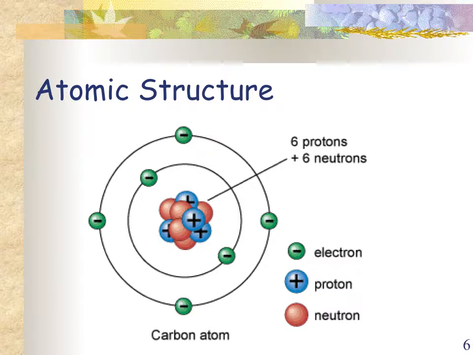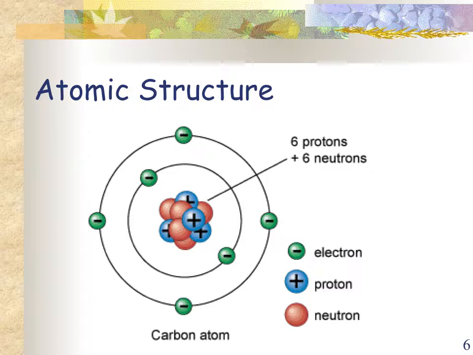So in any atom, the protons are at the center of the atom. Protons are positively charged. There are also often neutrons, not always, and the number of neutrons can vary. Neutrons have little effect on the properties of an atom other than to add to its weight.